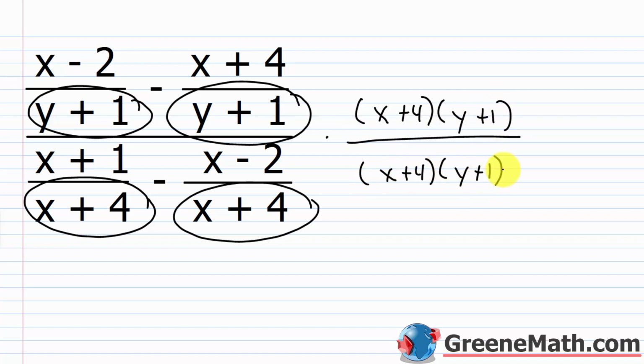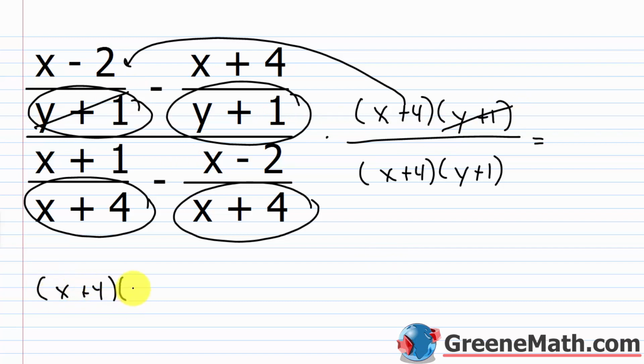Okay. And again, I'm just going to distribute this to each term here. So for this guy, the y plus 1 would cancel with the y plus 1, and I would be left with x plus 4 multiplied by x minus 2. And then minus, when I distribute it here, the y plus 1 would again cancel with the y plus 1. So now I would have x plus 4, this quantity squared.